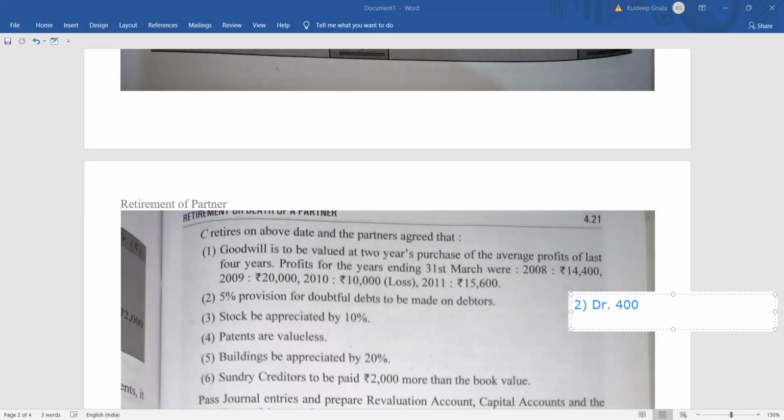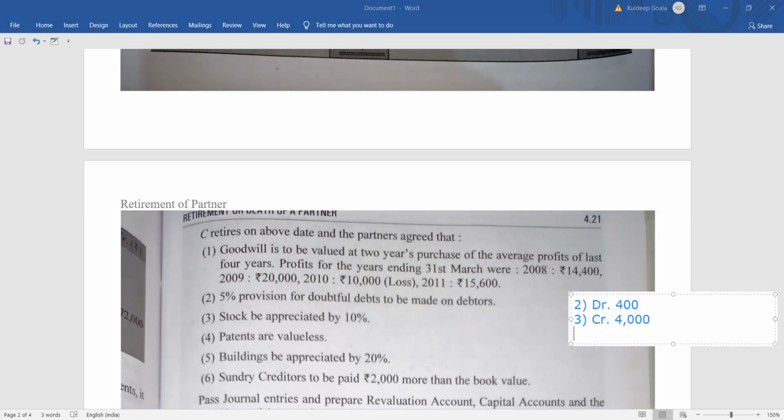Now accordingly, coming to number 3, we can see that it will be a credit because it is appreciated, right? So appreciation of how much? 10%. So we already saw that the value will be 4,000, isn't it? You can revisit once more, and you can see that the stock was 40,000, so 10% will be 4,000.